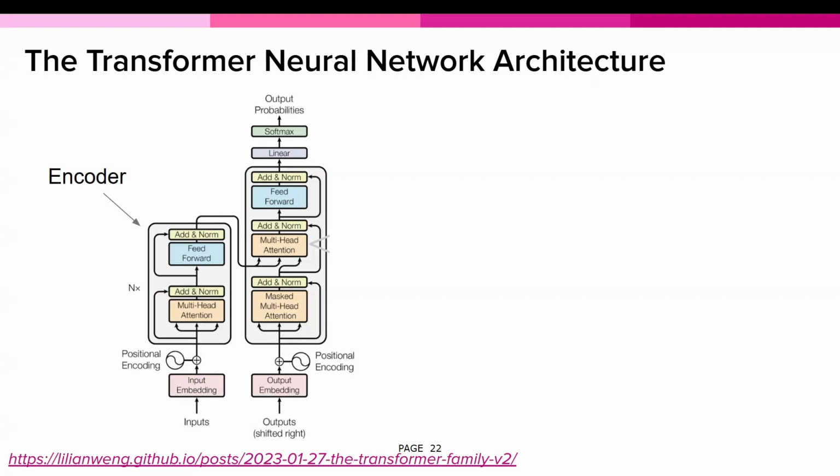Another way to say this is that masked multi-head attention preserves the auto-regressive nature of the sequence generation task, as you might encounter it in the literature. But on the decoder side, it then uses another multi-head attention layer, this time drawing on the encoder's output as context to allow the decoder to focus on relevant parts of the input sequence.